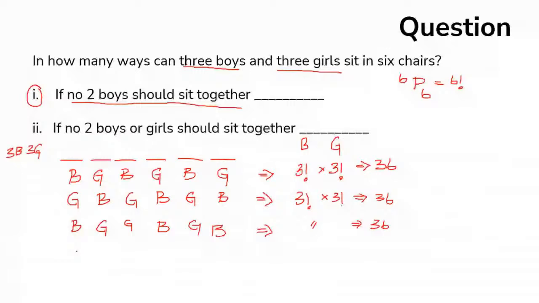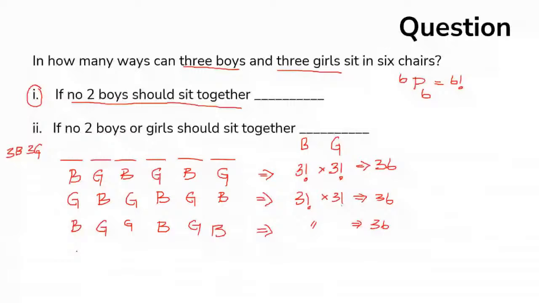No. Girl, girl, boy. So that was once again 36 possible arrangements for this.